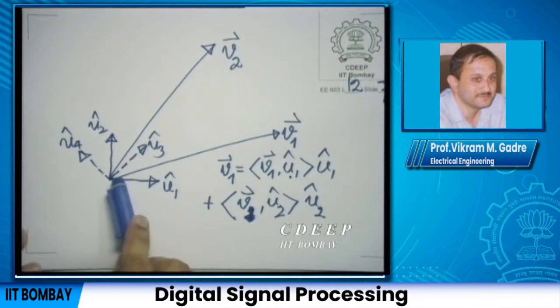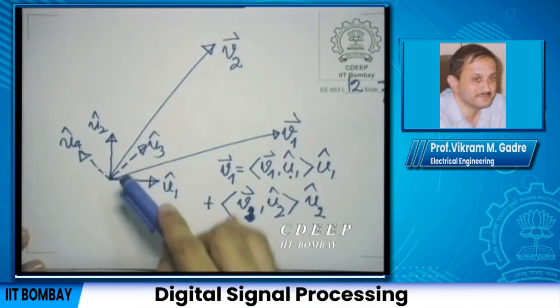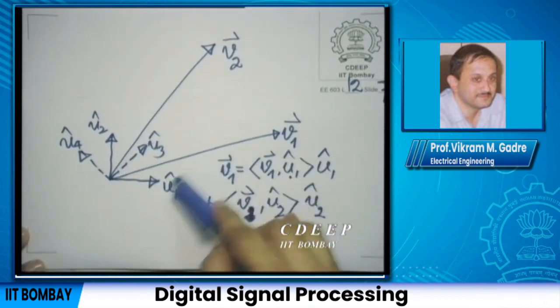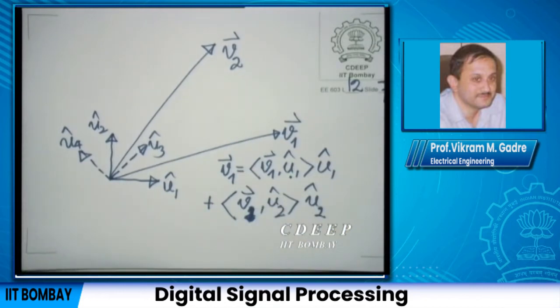You can construct a parallelogram with sides parallel to u1 and u3, and they will give you a linear combination of u1 and u3, which gives you v1. So, using the parallelogram law, you can always express v1 in terms of u1 and u3 or u2 and u4. So, u1 and u3 together form a basis, but not an orthonormal basis. Similarly, do u2 and u4 together.